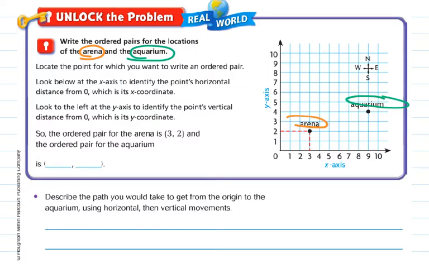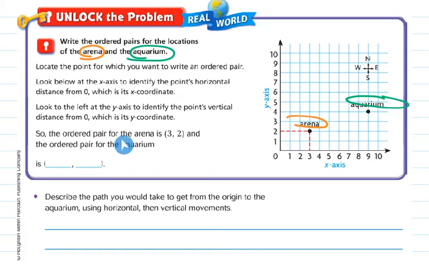It says look below at the x-axis to identify the point's horizontal distance from 0, which is its x-coordinate. So if we start at 0, 0 and move horizontally, we see that the x-coordinate is 3. Now it says look to the left at the y-axis, and if we go up to this point, we see that the y-coordinate is 2.